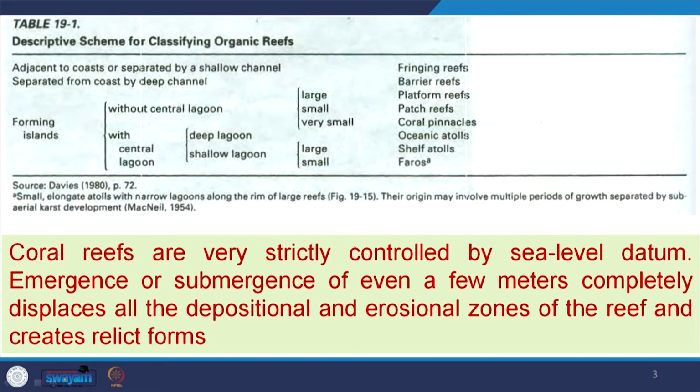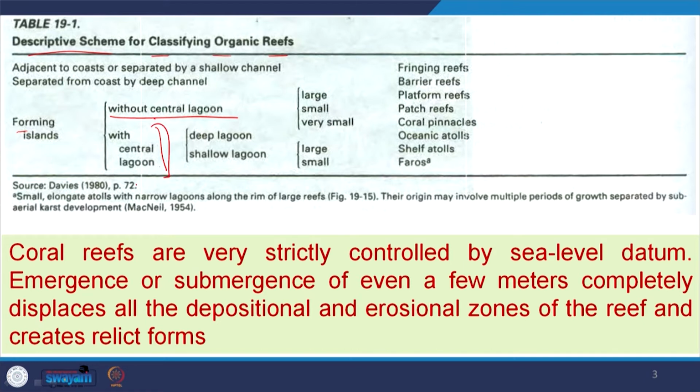So, continuing with this classification, we see the descriptive scheme of classification of the organic reefs. One is forming islands without a central lagoon and with a central lagoon. So, these are two divisions, one having a central lagoon and one without a central lagoon.